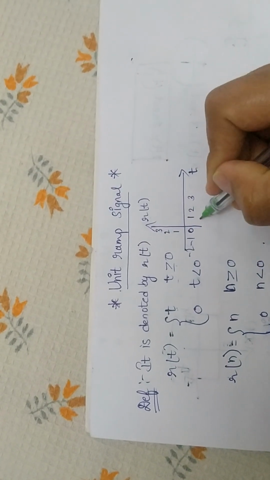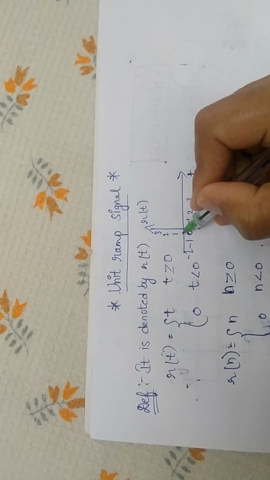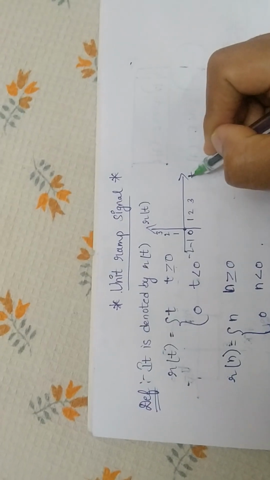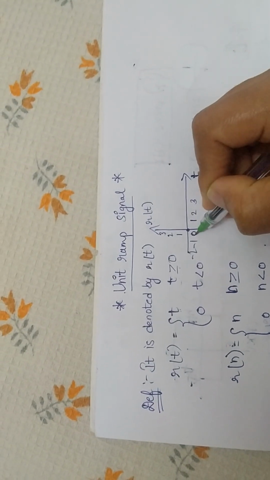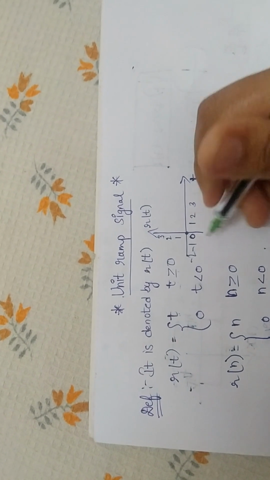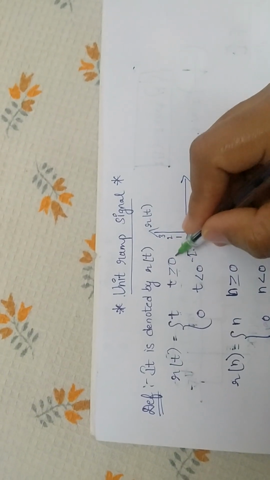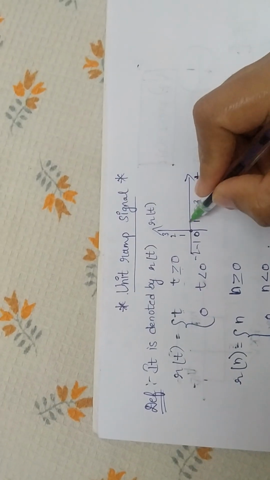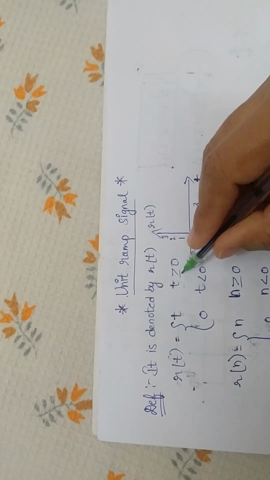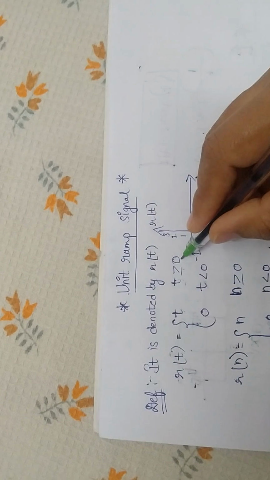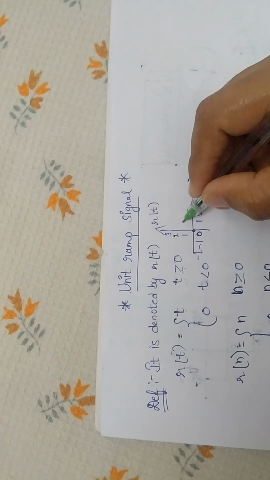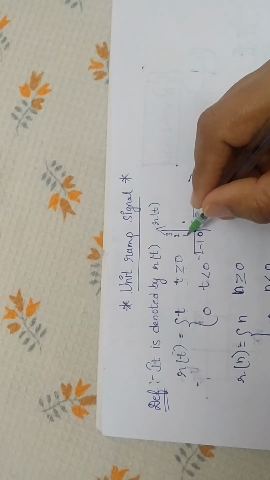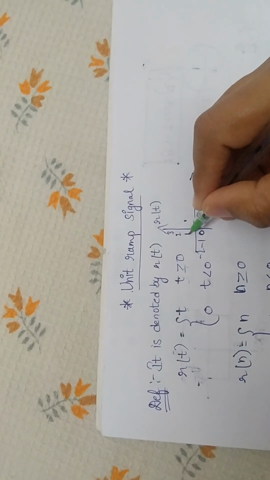T greater than or equal to 0 means starting from 0, and increasing, we are taking 1, 2, 3 and so on. Greater than 0 means we are taking 1.